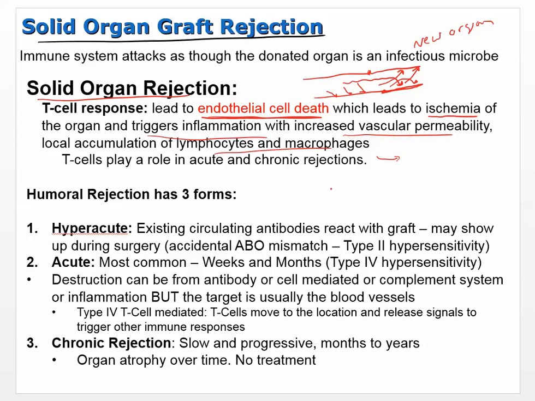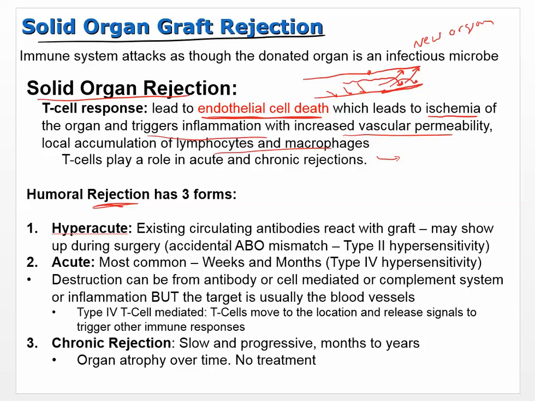Now, when you think about rejection, when you have a donor organ and you do the transplant surgery, there are 3 forms of rejection. The first can be that you got the blood type wrong, and that's hyperacute. Or for whatever reason the host, the one getting the organ, already has circulating antibodies against something in that organ.